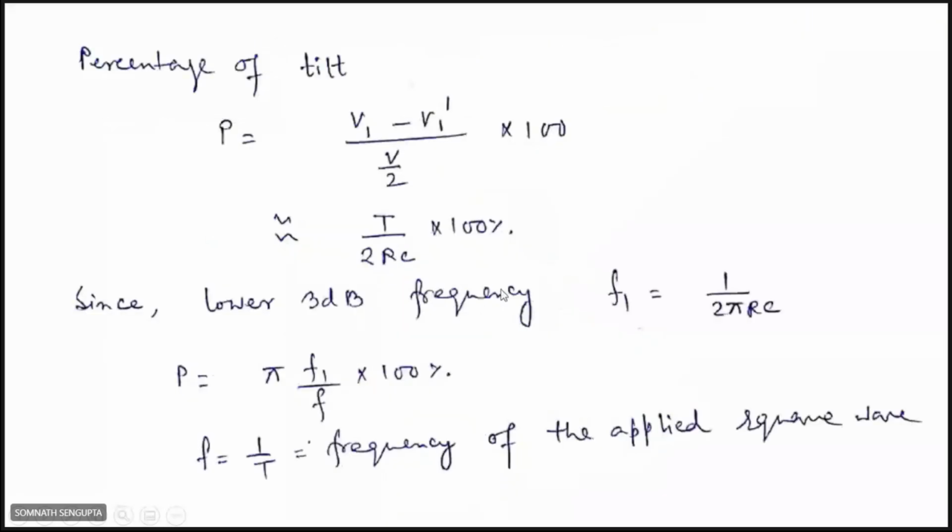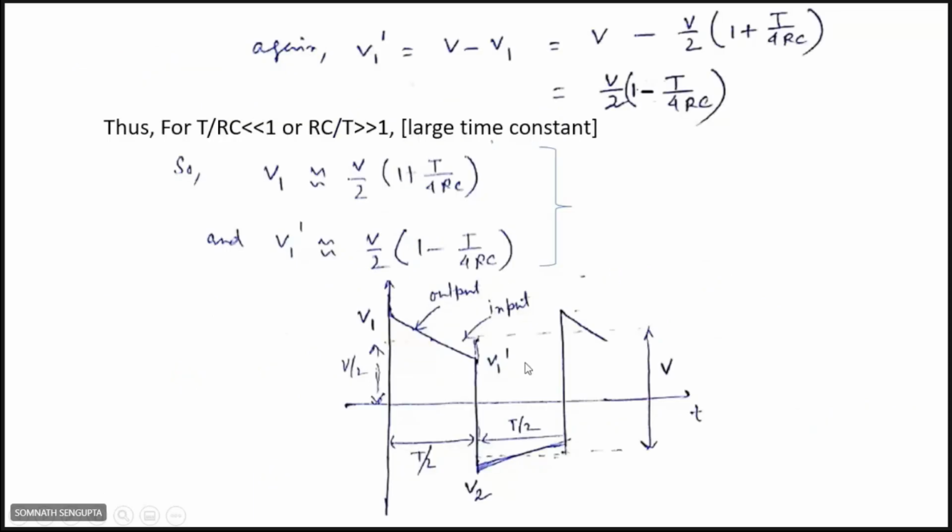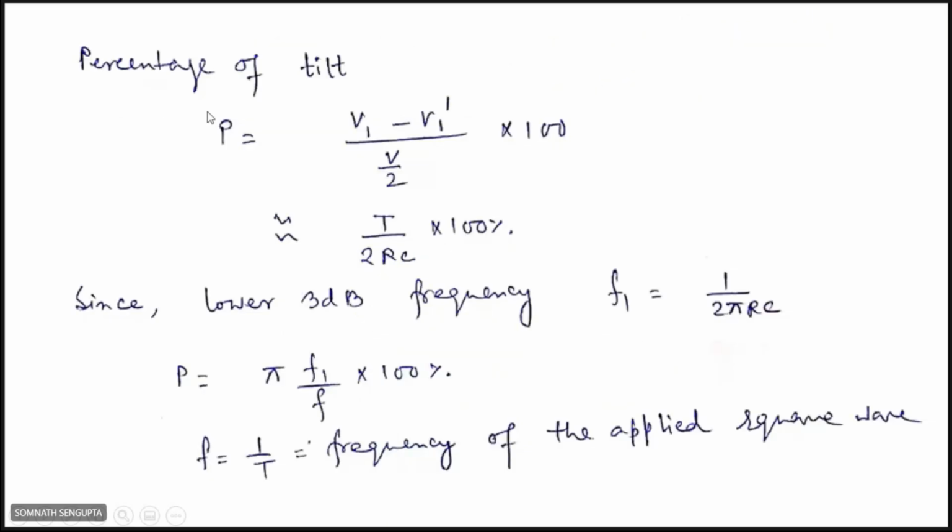So now the parameter, that is the percentage of tilt for a square wave. What is the meaning of it? Depending on the frequency and the time constant, how much change or bend will be there in the square wave.